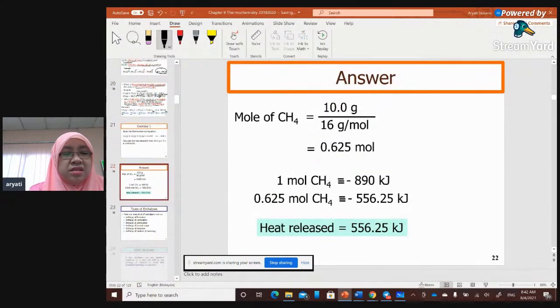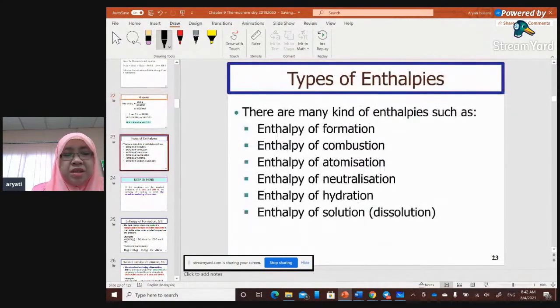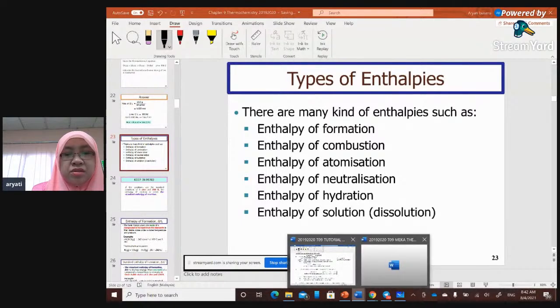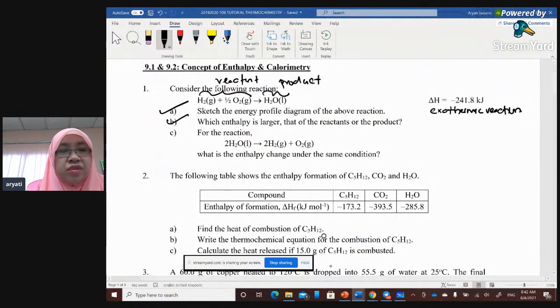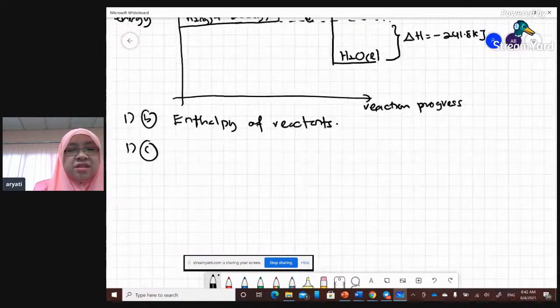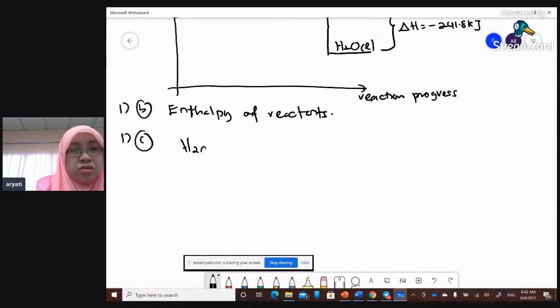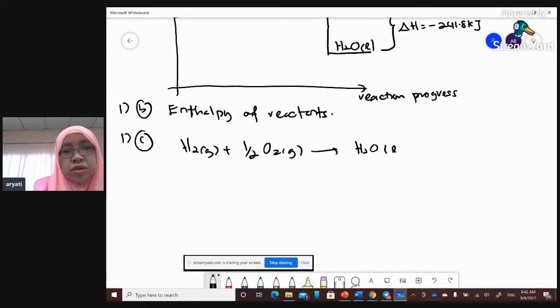Exercises, answer. Okay, type of enthalpy. Kita pergi pada soalan tutorial tadi. So kita dah boleh bincang. So for the reaction, what is the enthalpy change under the same condition? So we need to compare this one with this one. Okay, so kalau saya salin, H2 gas plus half oxygen gas produce H2O liquid.